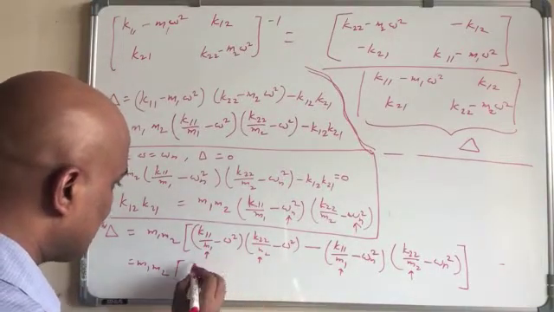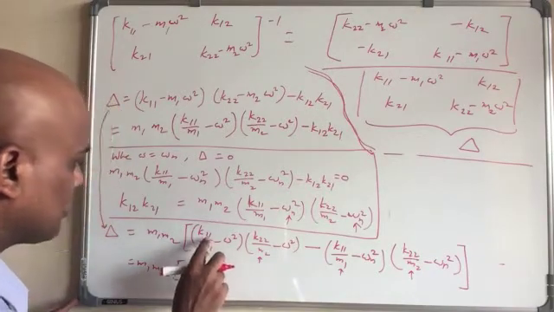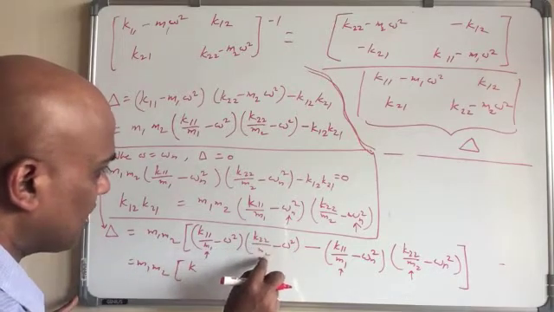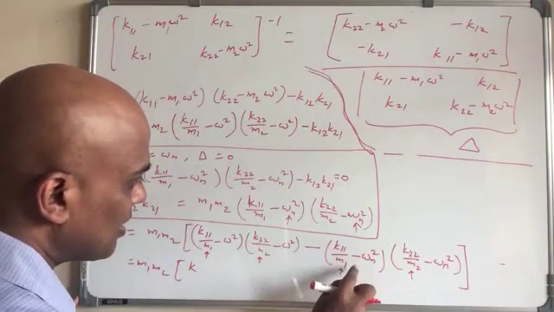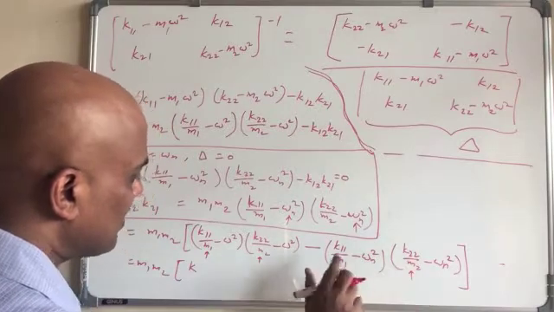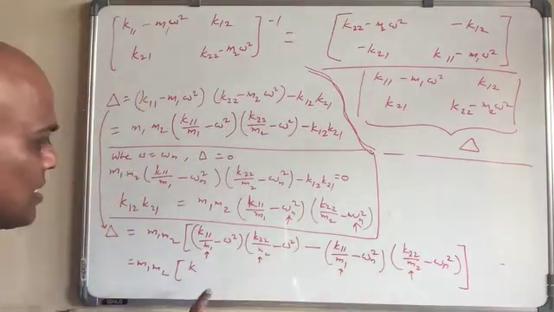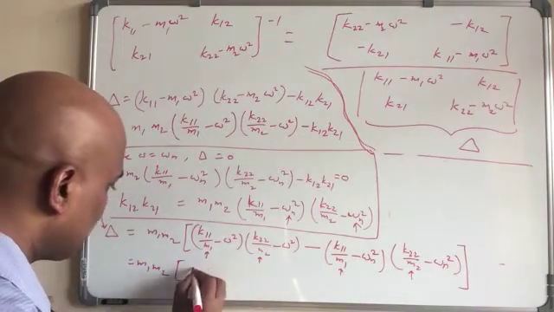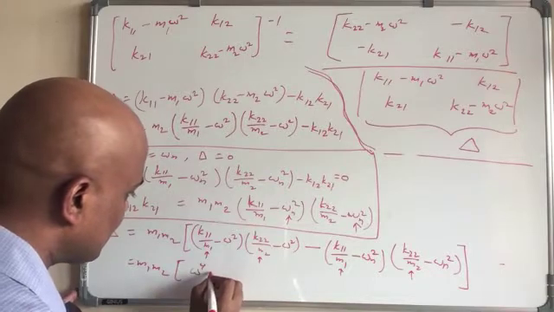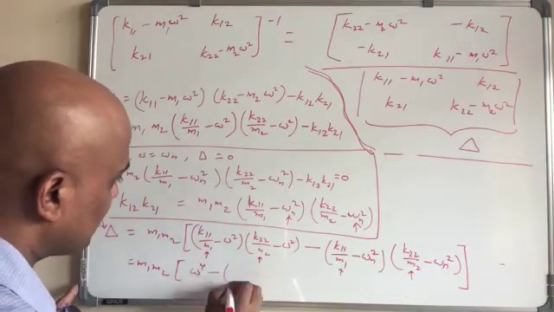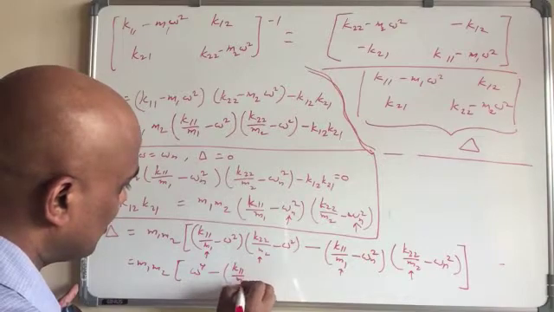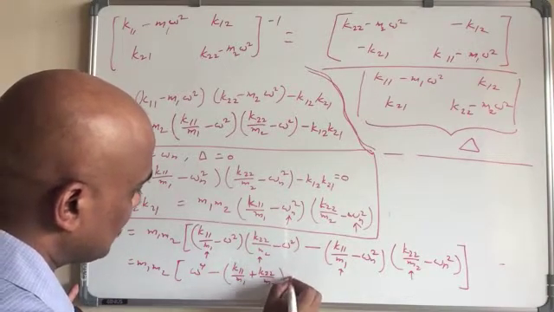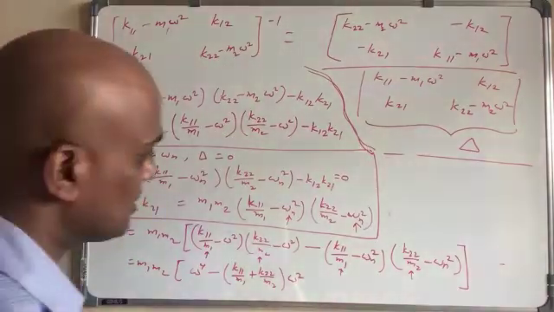From here we get k11 over m1 multiplied by k22 over m2, and here also k11 over m1 multiplied by k22 over m2, they will cancel out, so we will not write it. Otherwise what we get is omega to the power 4, and then minus k11 over m1 plus k22 over m2 times the omega square term.